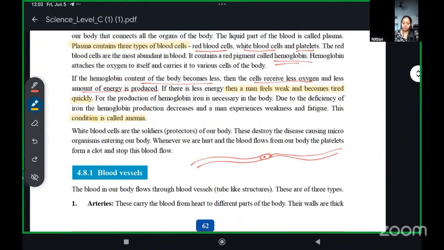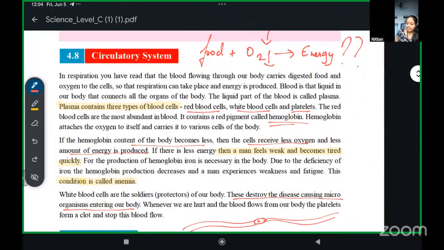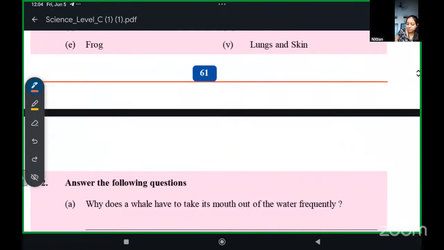Now, what is the use of white blood cells and platelets? We will also see that. The white blood cells are soldiers of our body, or protectors of our body. How? They destroy the disease-causing microorganisms entering the body. Take a look at this.